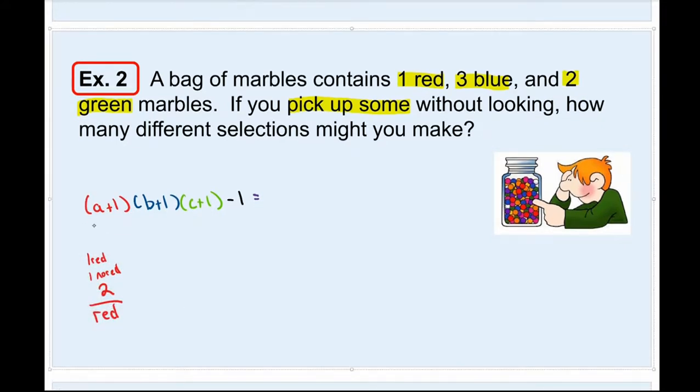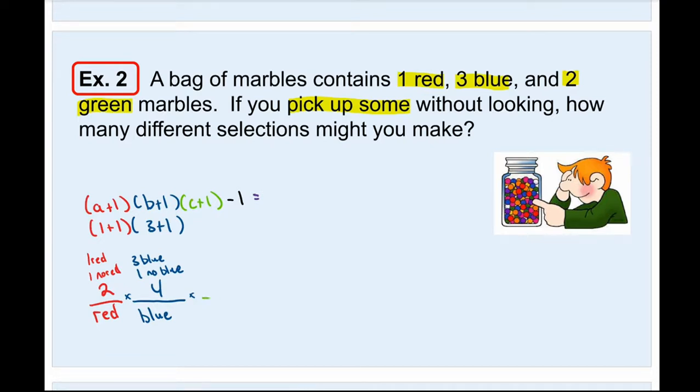In my formula then, this would be 1 plus 1 times, and now we're going to look at the blue marbles. If I look at my blue marbles, what options do I have? Well, I have 3 blue, plus the option of picking no blue, which leaves me with 4. Or my formula, 3 plus 1, which gives me 4.